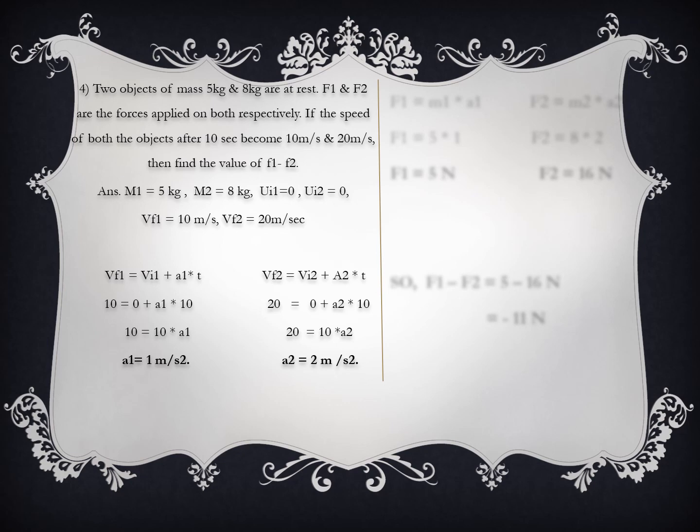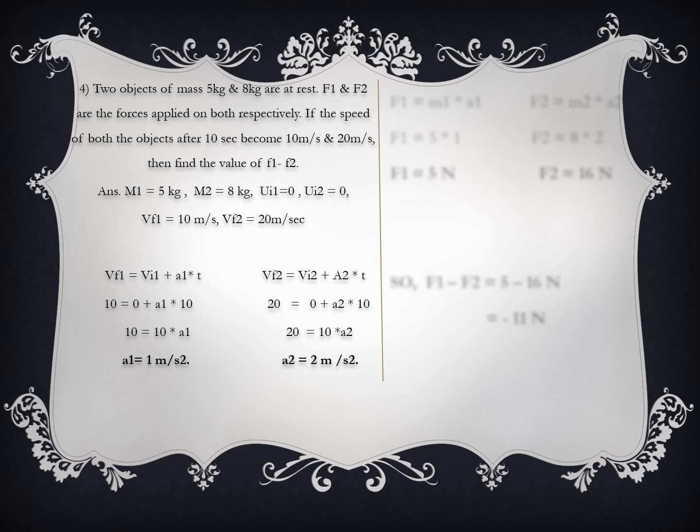According to this formula, we will find the acceleration of the second object. The second equation will be Vf2 is equal to initial velocity Vi2 plus acceleration into time. The value of Vf2 is 20 meter per second, then Vi2 is 0 because it is at rest.